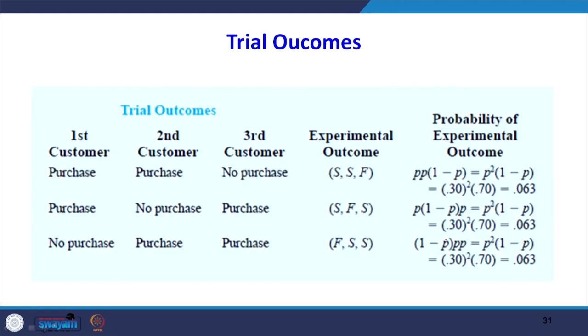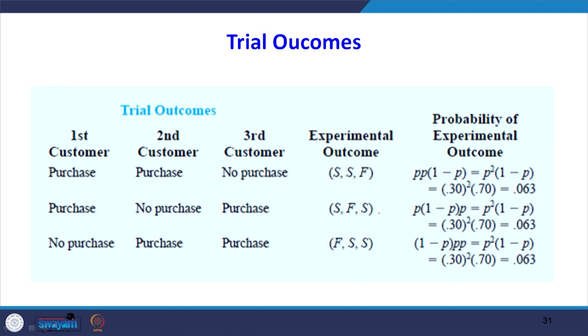Now the question is, what is the probability that 2 out of 3 customers will make a purchase? You see that the possibilities are SSF, SFS, FSS. The probability of success is P and failure is 1 minus P. We know P is 0.3, so 0.3 squared times 0.7, we get 0.063.